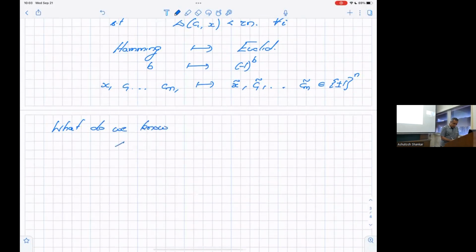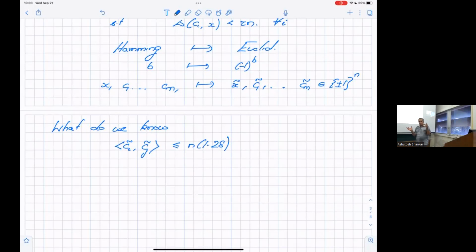The inner product of Ci tilde with Cj tilde is what? Number of agreements minus number of disagreements. So it's basically n minus 2d. This is a number that is less than or equal to n times (1 minus 2 delta), because this comes from the distance of the code.